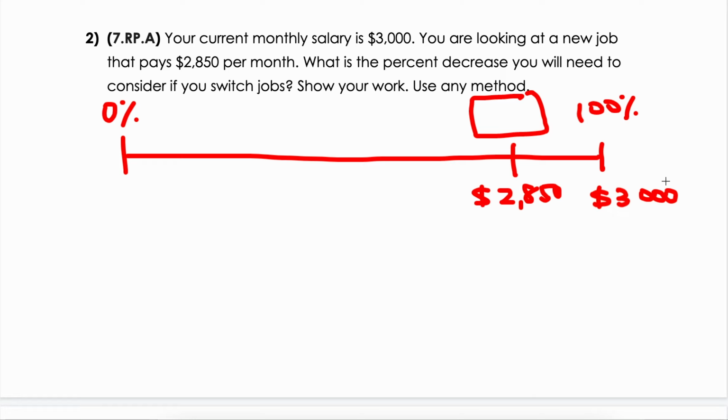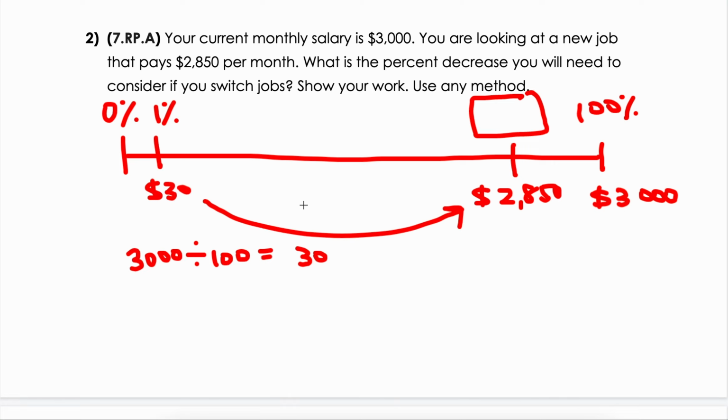If 100% is $3,000, you can take the 3,000 divided by 100 to get 30. So basically 1% would be $30. And then you do need to figure out what you can multiply by to get from 30 to 2,850.